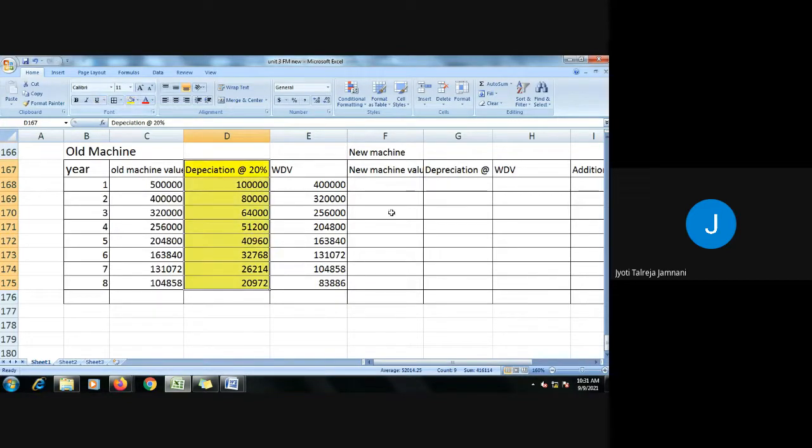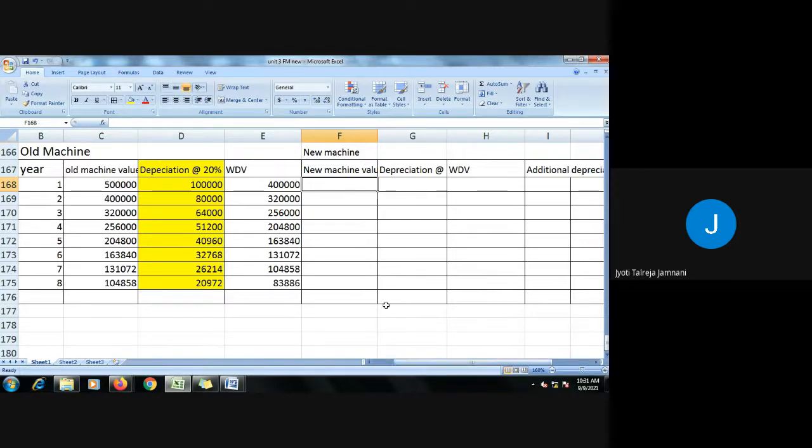Now similarly, we have to find the depreciation of the new machine. The new machine's cost is 13 lakh rupees, installation plus the cost of the machine. So 13 lakh, 20% depreciation on 13 lakh, we get 2 lakh 60, and 13 lakh minus 2 lakh 60, we get the balance 10 lakh 40,000.